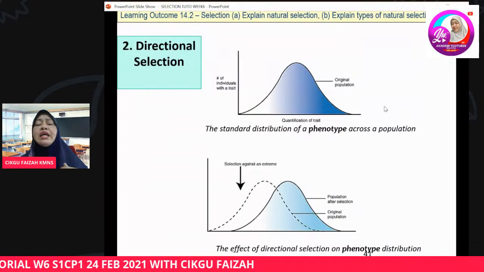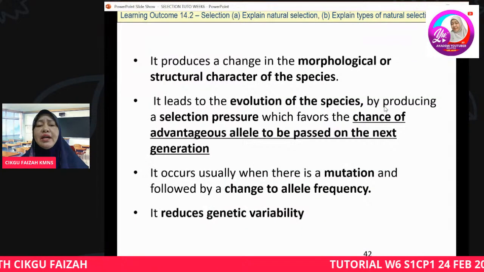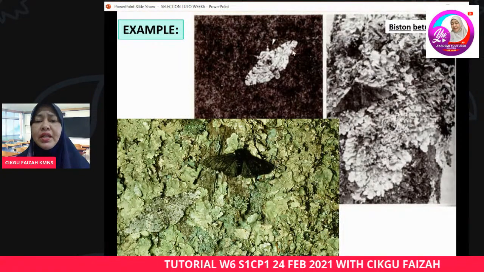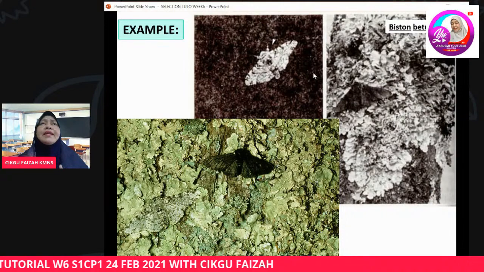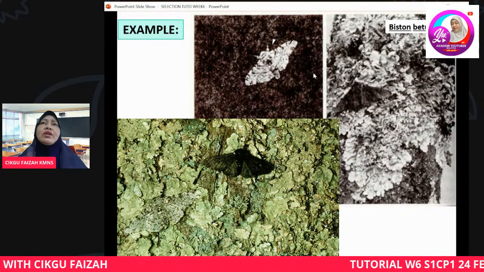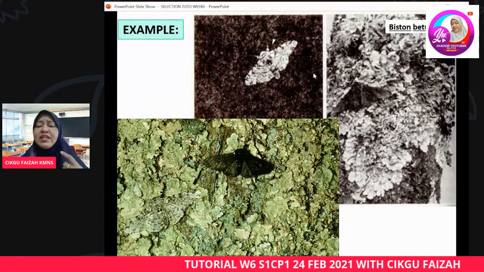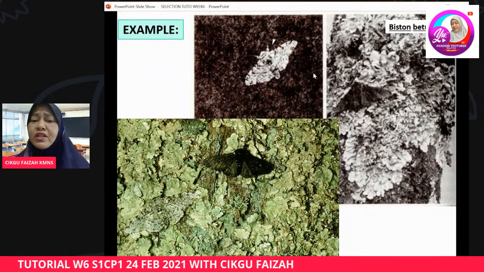The one that will survive is the black one. Why? As you all know, class, this is the example. Here you apply the density dependent factor of predation. So which one will survive more in this industrial world? Of course, the black one.